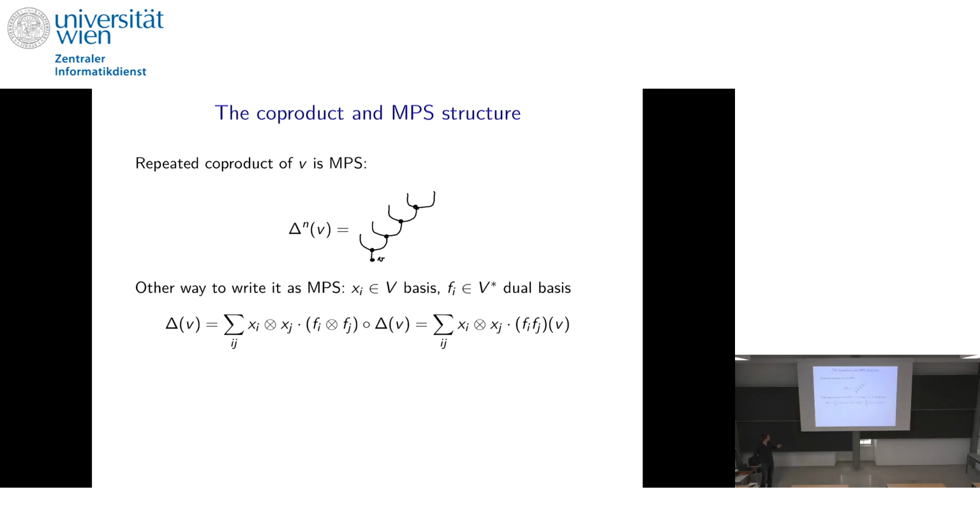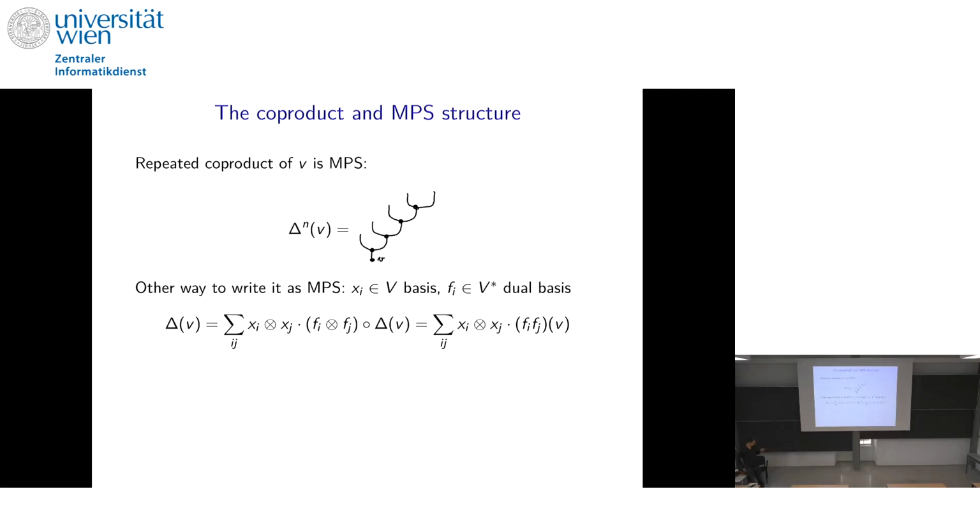So you take the coproduct of the vector, you apply the previous relation to the first and the second part simultaneously. Then you get that the coproduct of the vector is the same as the sum over i,j of x_i tensor x_j times f_i tensor f_j. These are linear functionals acting on the coproduct of the element v.